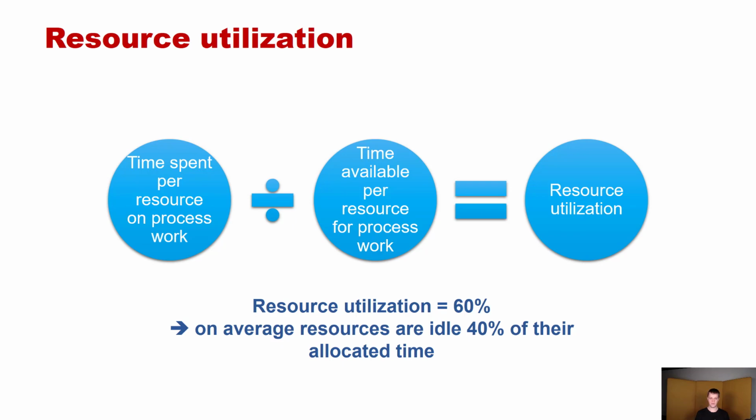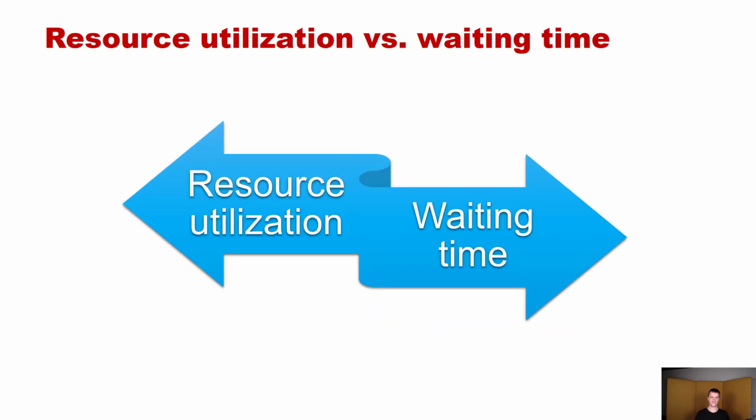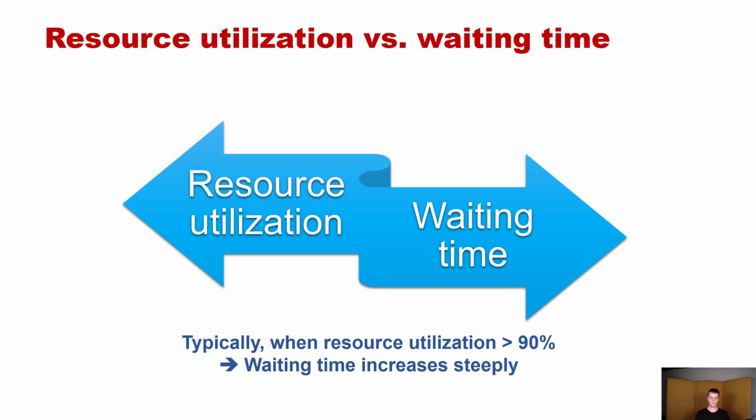However, there is one caveat to this. We can't push resource utilization indefinitely because it has a trade-off with waiting time. In general, when resource utilization goes above 90%, it has been observed that waiting times increase steeply. The reason for this is that, let's say your resources are fully loaded throughout the week.